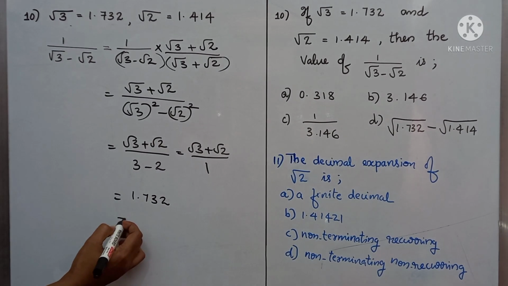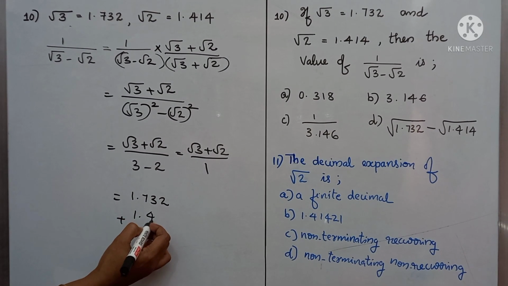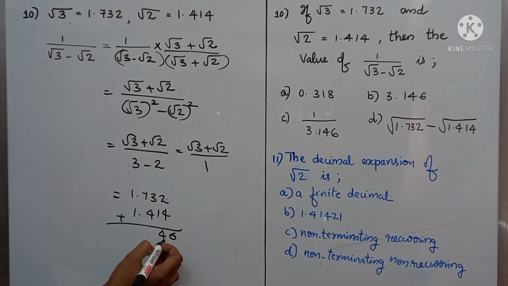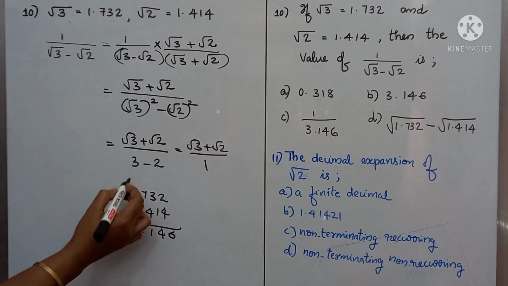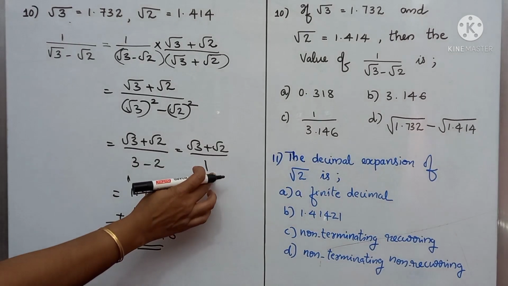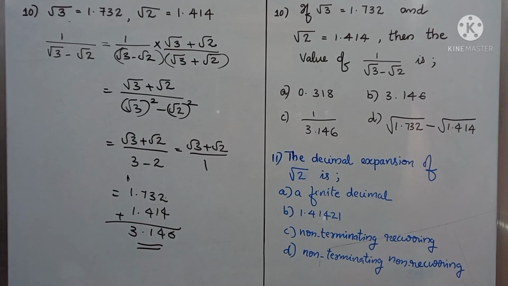1.732 plus 1.414. That is equal to 3.146 divided by 1, that means 3.146 itself.